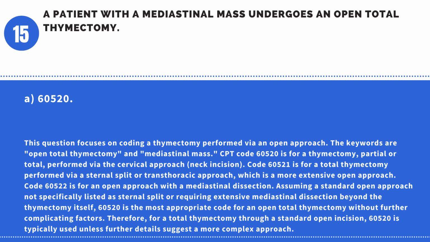Code 60522 is for an open approach with a mediastinal dissection. Assuming a standard open approach not specifically listed as sternal split or requiring extensive mediastinal dissection beyond the thymectomy itself, 60520 is the most appropriate code for an open total thymectomy without further complicating factors. Therefore, for a total thymectomy through a standard open incision, 60520 is typically used unless further details suggest a more complex approach.